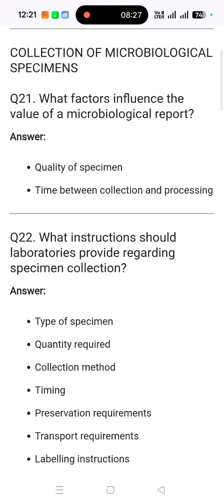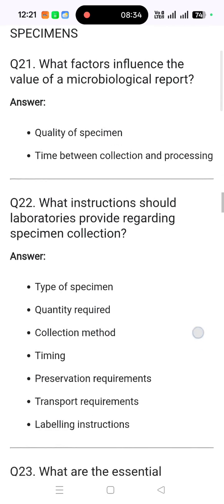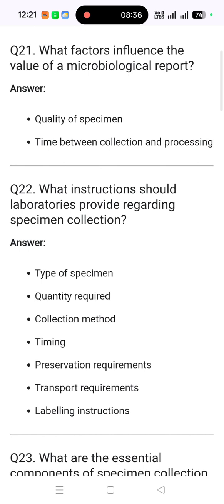Collection of microbiological specimens. What factors influence the value of microbiological report? Quality of specimen, and time between collection and processing. So these are the factors which influence.